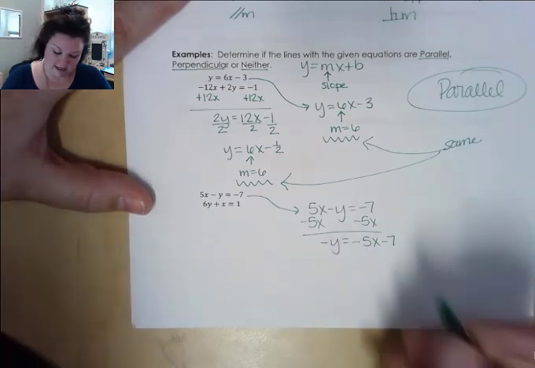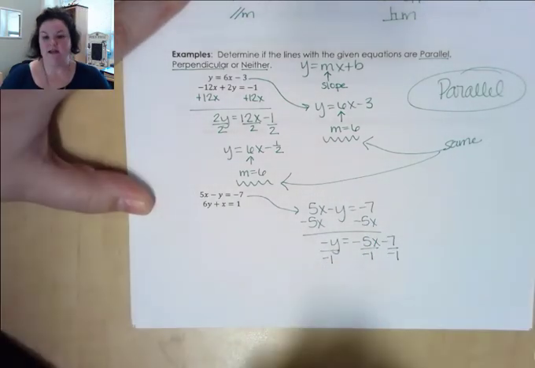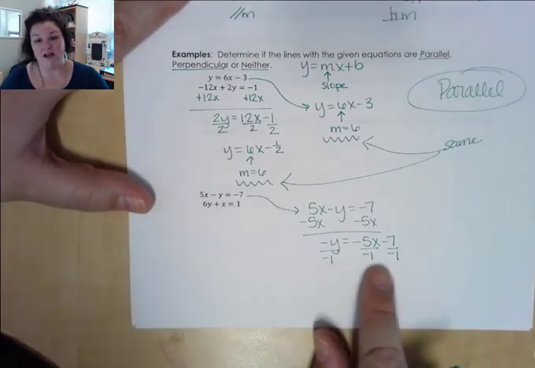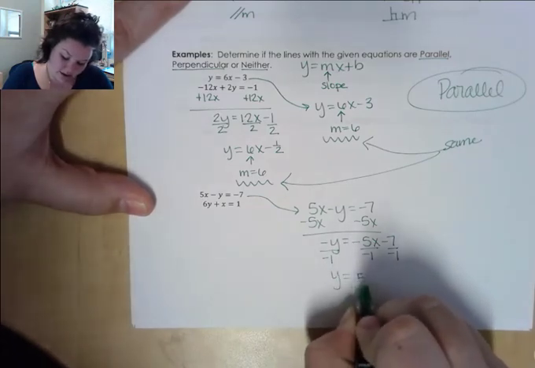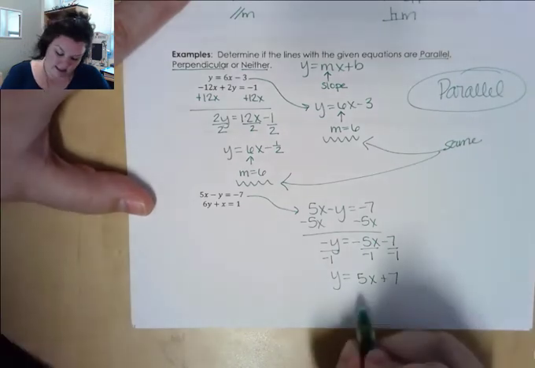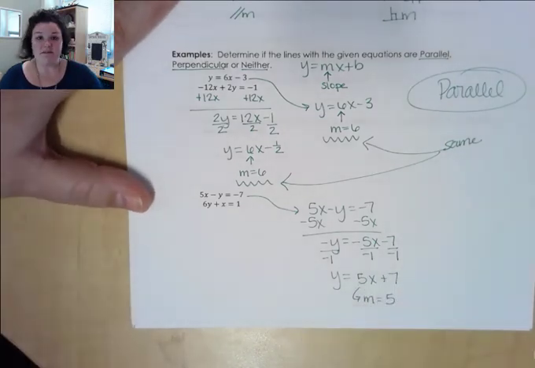So to get rid of that negative, I'm just going to divide it by a negative 1. But if I divide that side by negative 1, I have to divide the other side by negative 1, right? Every term of the other side. So I end up with y is equal to positive 5x + 7. So I can see here that my slope is going to be 5.